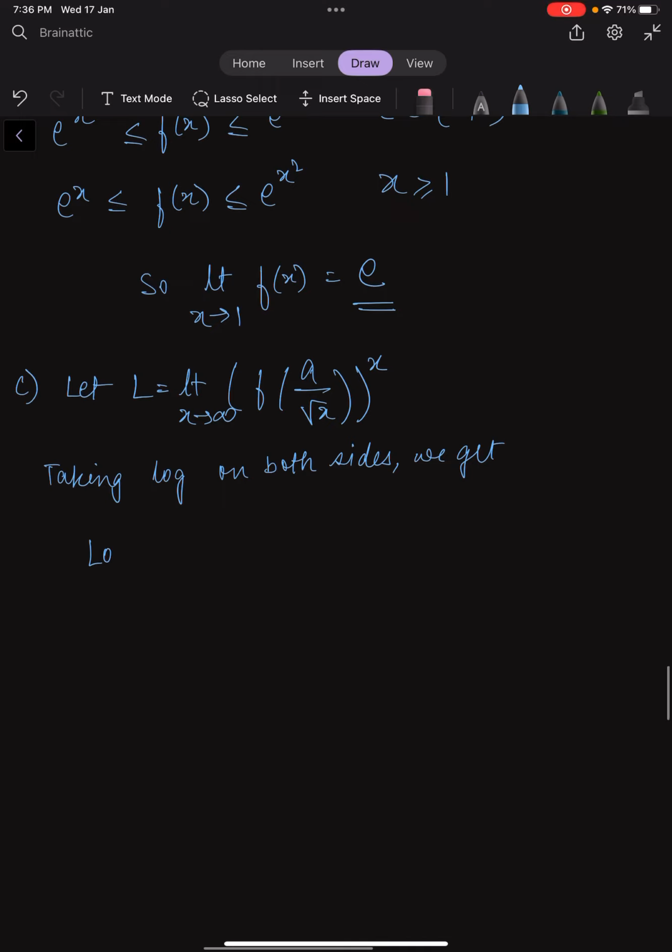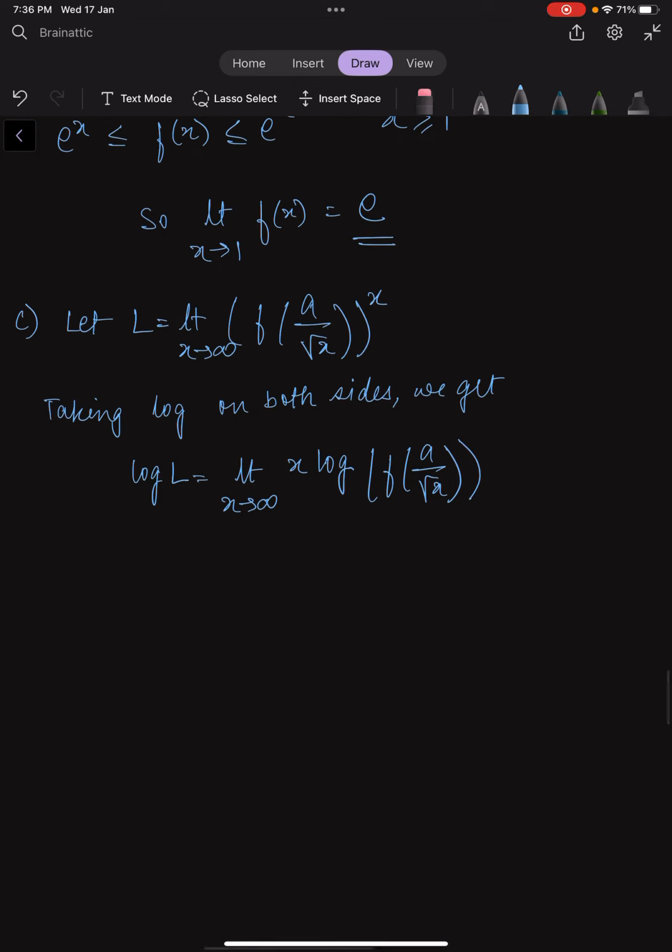Log L is equal to limit x tends to infinity x log f(a/√x). So here you see the power x has come in front because of the properties of log.